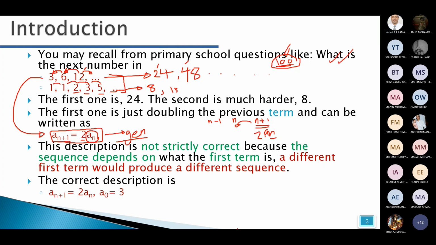So our job in this lecture: if we have a sequence like this, we need to get the recurrence relation, meaning the recursive function for it. What's the repeated way? What's the relation between terms?